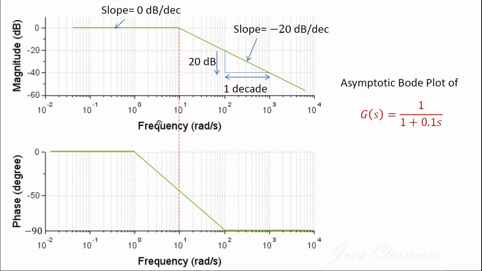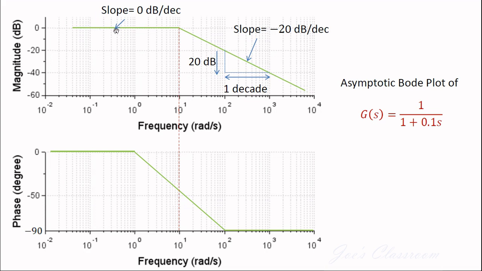The first interesting thing that he observed was that the Bode magnitude plot, otherwise the asymptotic Bode plot, changed its slope at some frequency. So this frequency he called the corner frequency.